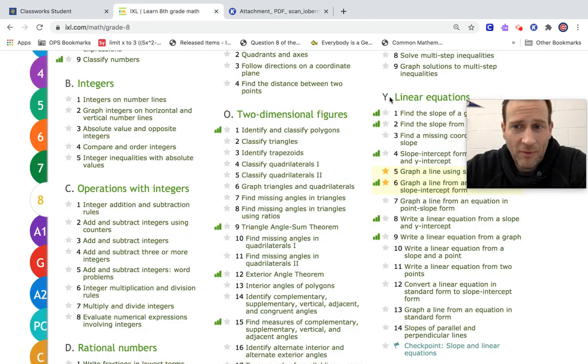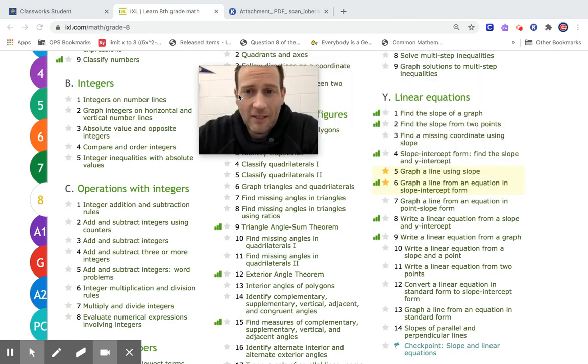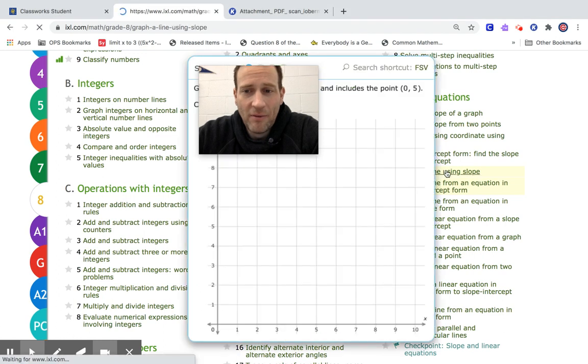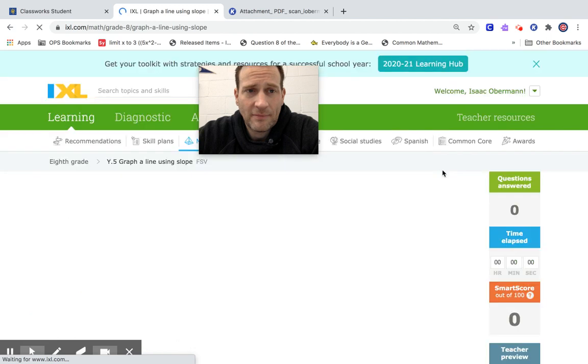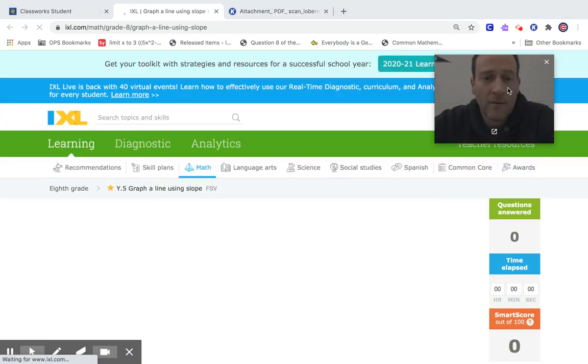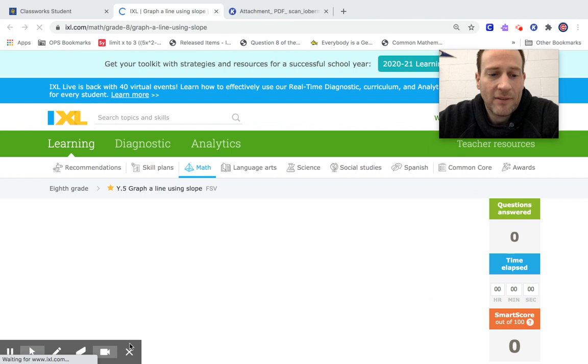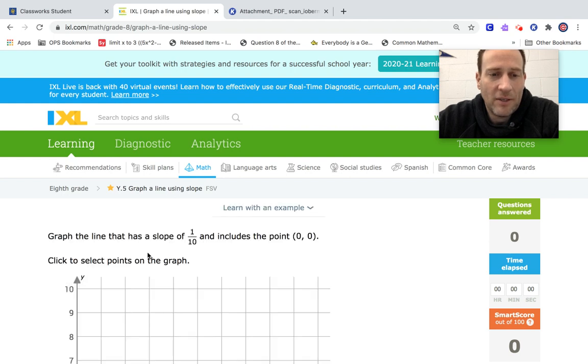Then the other thing is what we want to be talking about are these IXLs, Y5 and Y6. So here's Y5. As you look at it here, this is graphing the line using your slope of your line. So they're going to give you an equation.